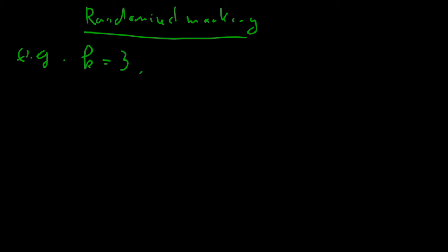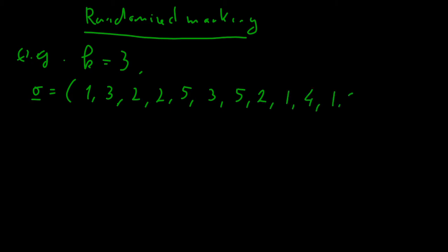And we will just get some sort of input like say 1, 3, 2, why not 2 again, and then 5, why not 3, 5, 2, 1, let's say 4, 1, 2, 5, and say 3, like this.